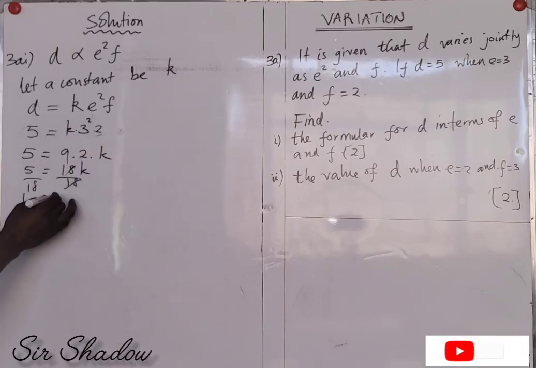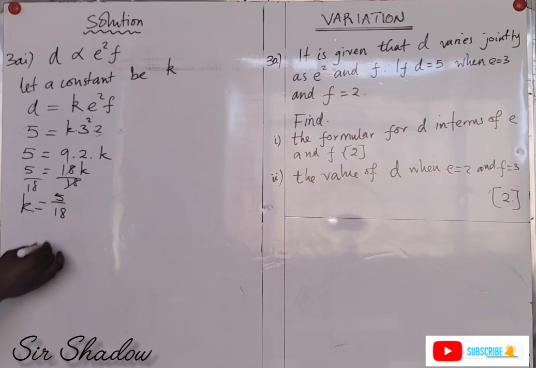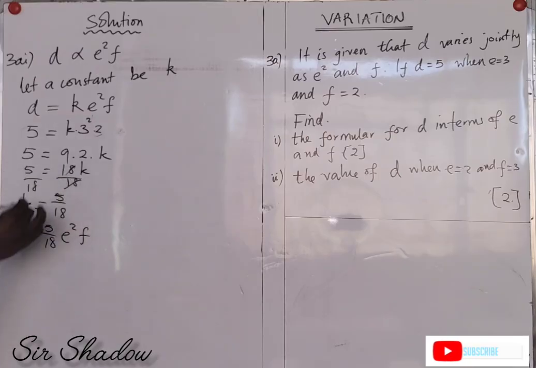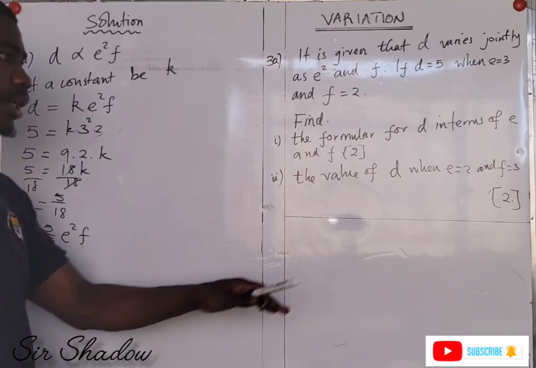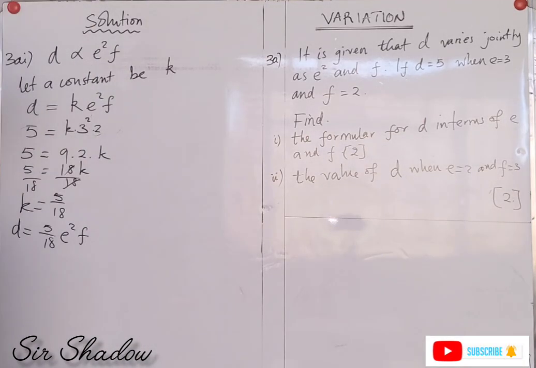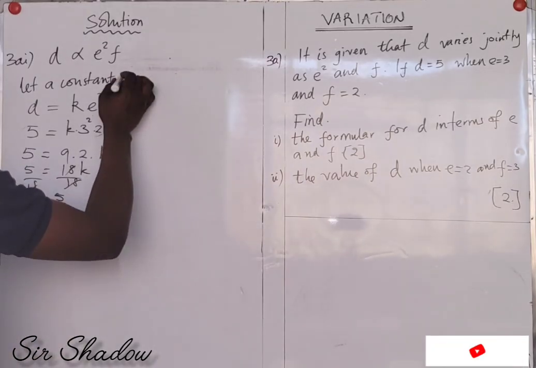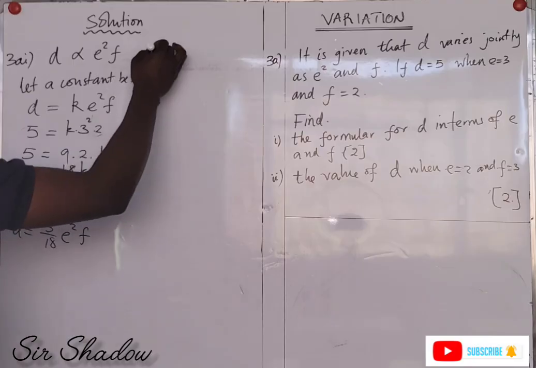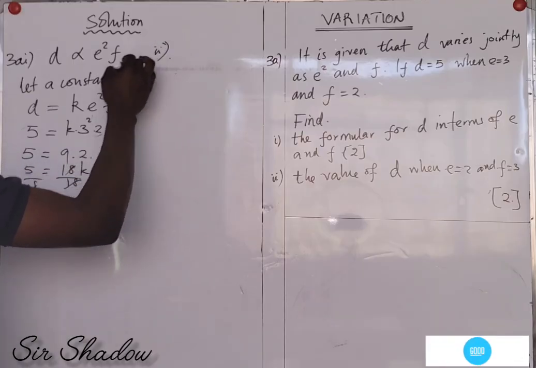K is equal to 5 over 18. So the formula becomes D equals 5 over 18 E squared F. That's the formula connecting D, E, and F, with the constant K found.